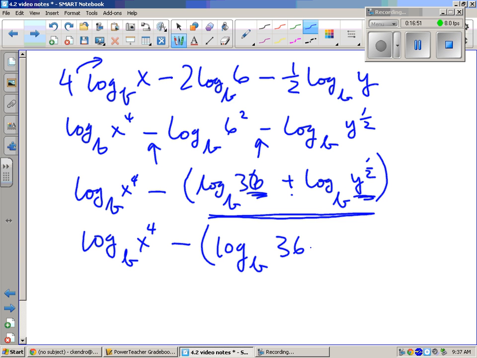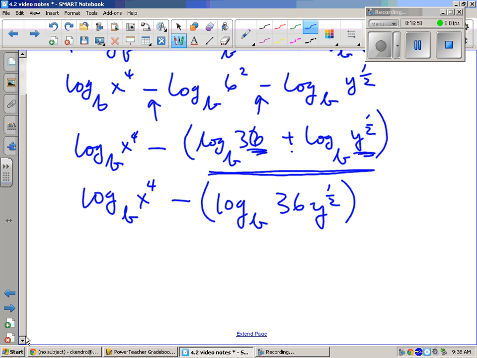So 36 y to the 1/2. Okay, we're getting close. Now I still want to put these together, so I do 1 more log. So log base b, so I'm going to take these 2 and turn them into 1, and then x to the fourth minus turns into division, 36y to the 1/2.